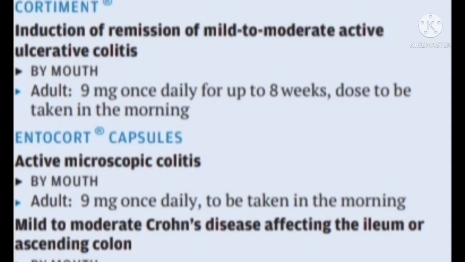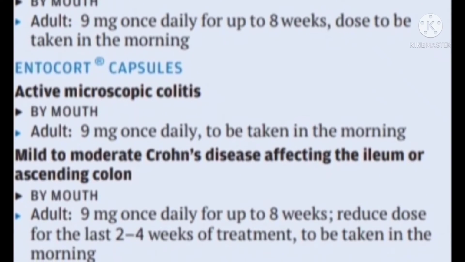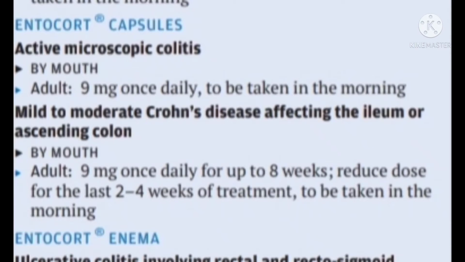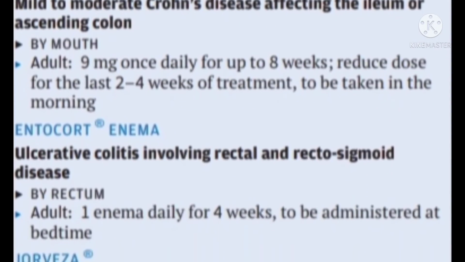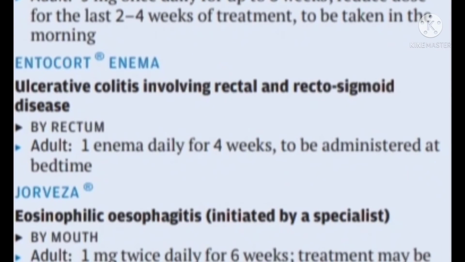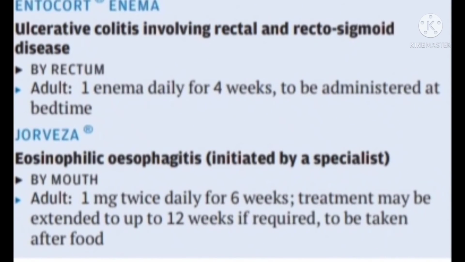It is also used in the induction of remission of mild to moderate active ulcerative colitis by mouth, with an adult dose of 9 mg OD for up to 8 weeks. Its other indications are active microscopic colitis and mild to moderate Crohn disease affecting the ileum or ascending colon. It is also available in enema form by rectum, 1 enema daily for 4 weeks, administered at bedtime.